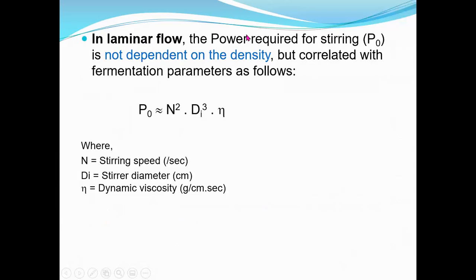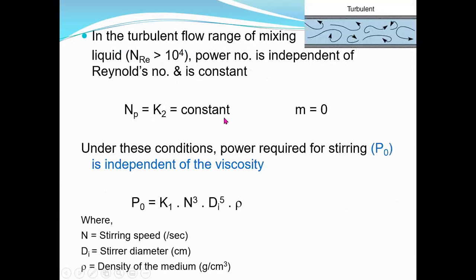In laminar flow, the power required for stirring is not dependent on the density but correlated with the fermentation parameters. So you can't use rho, the density, but you can use the viscosity. The power requirement in laminar flow is nearly equal to N squared, the stirring speed, times the diameter of the stirrer raised to the power 3, times the dynamic viscosity.